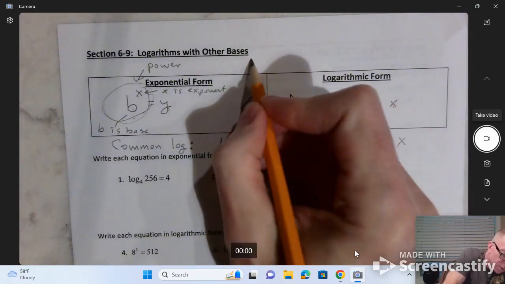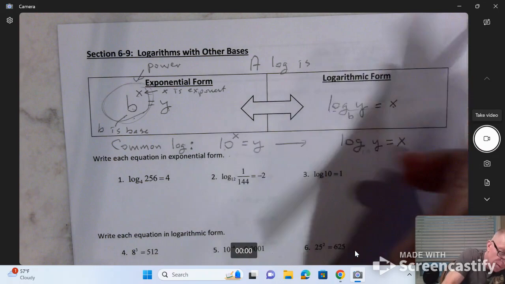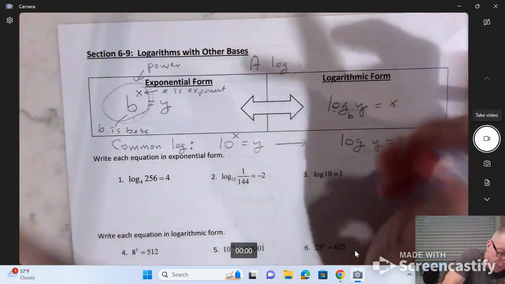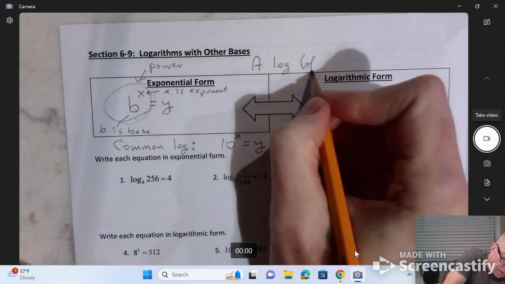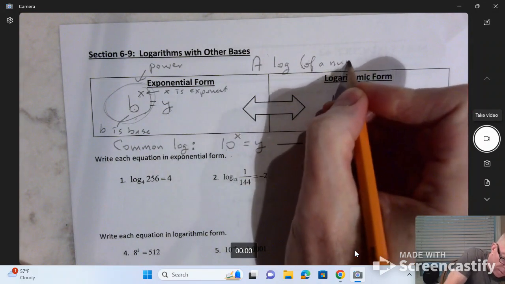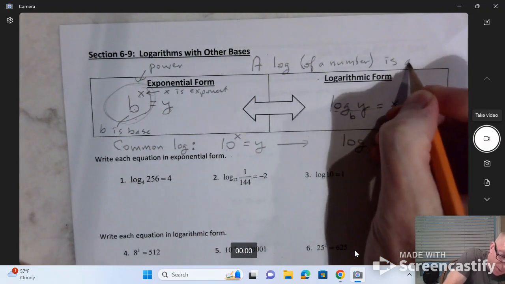Okay, so sometimes you'll hear that a log is simply, let's write it this way, a log of a number. So the log of y, the log of a number is an exponent.